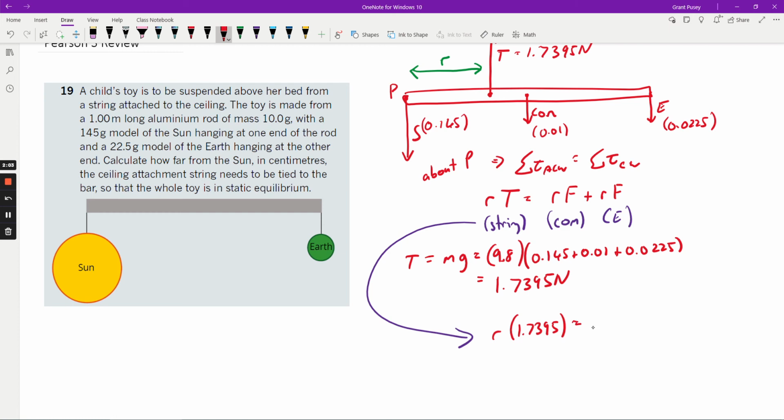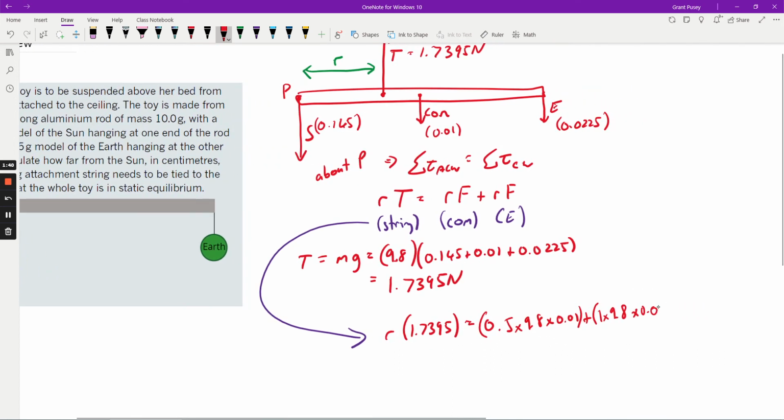And for the center of mass, the distance from the pivot is going to be 0.5. It's halfway along, it's 1 meter long. Times 9.8 times the mass of that, which is 0.01. And now the earth side, which I know is 1 times 9.8 times 0.0225.